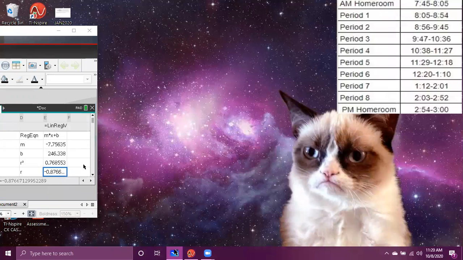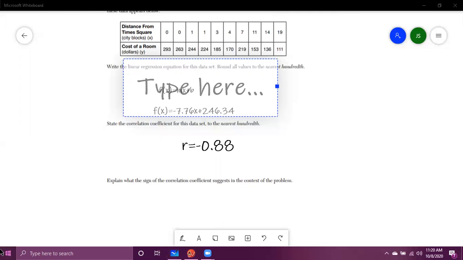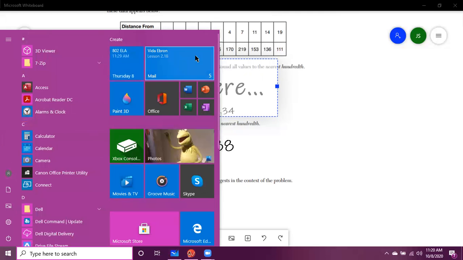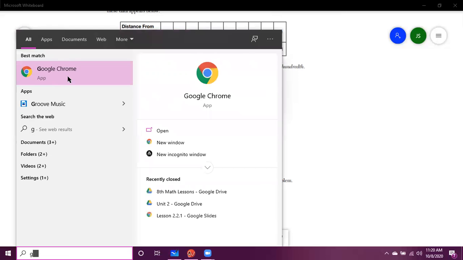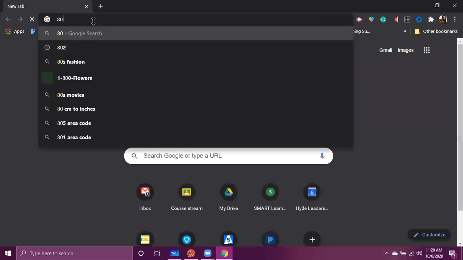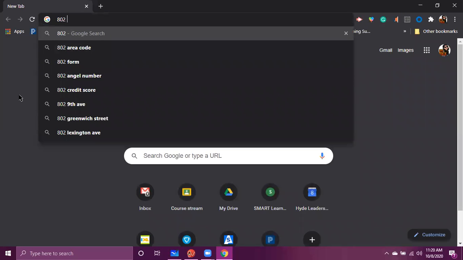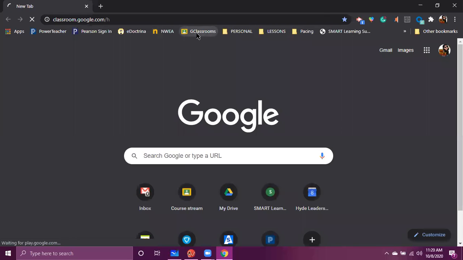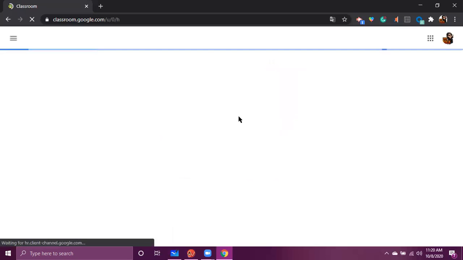And I'm going to pull up something just so you get a refresh, and we have this in our Google Classroom. But just for a reference, just know that the correlation coefficient is always going to be a number between -1 up to 1. So it'll never be bigger than that.